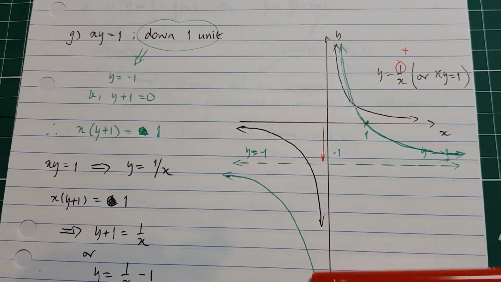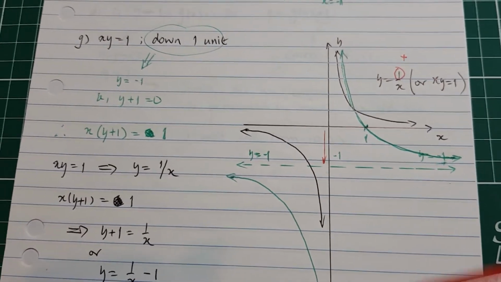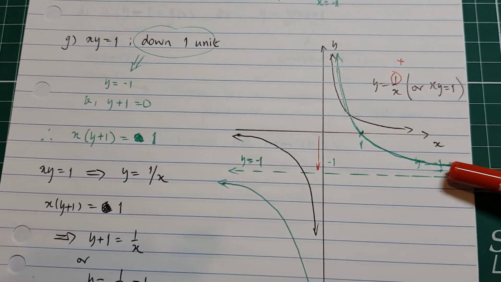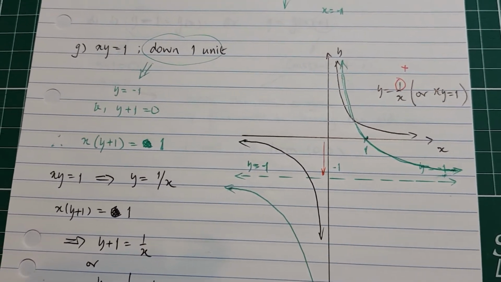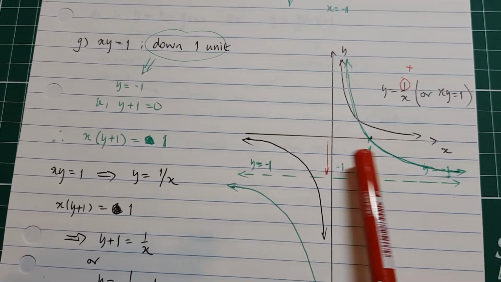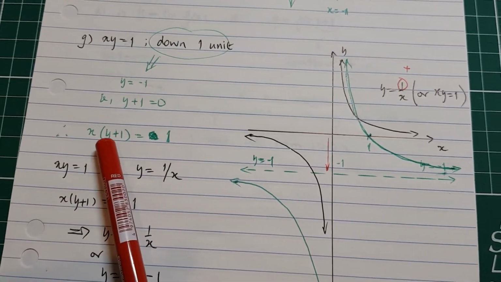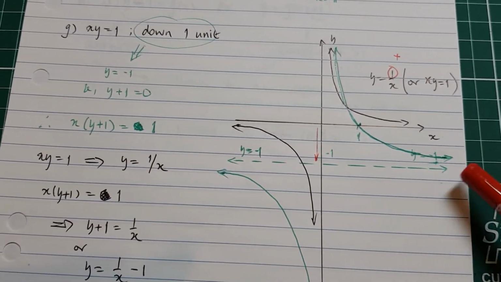What used to be the third quadrant is still in the third quadrant, but down a bit more. And the green part is cutting through the x-axis at 1. To work that out, you put y equals 0, so x times 1 equals 1. Therefore, x has to be 1.